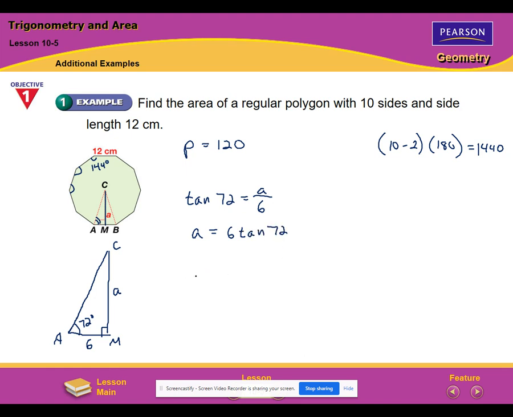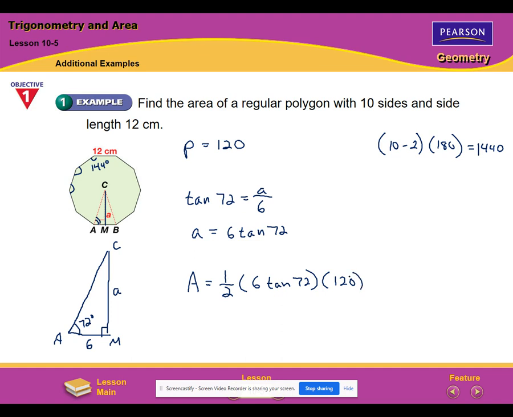And now we're ready to plug all that into our area formula, 1/2 of lowercase a, which is 6 tangent 72, times the perimeter, which we found to be 120. And then on my calculator, I'm typing just exactly that in.